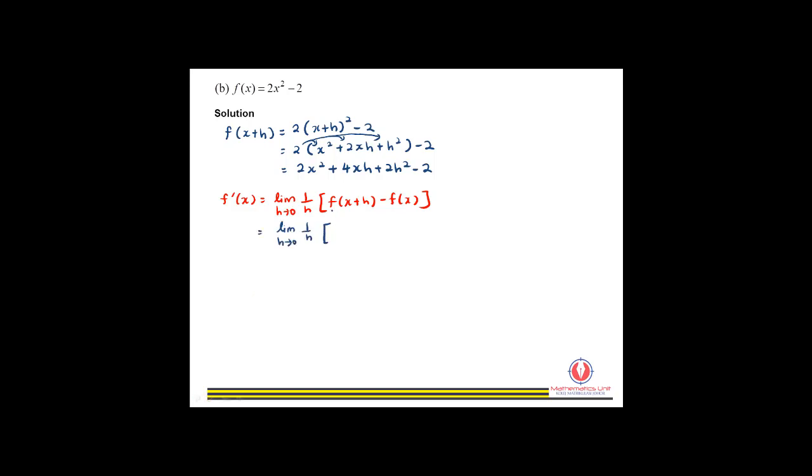Okay, then we can substitute for f x plus h, that is 2x squared plus 4xh plus 2h squared minus 2, minus f x, that is 2x squared minus 2.